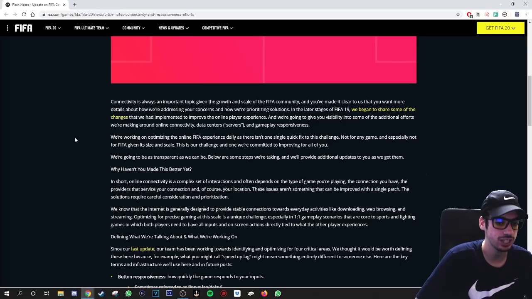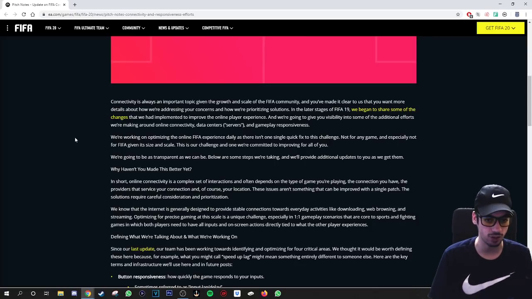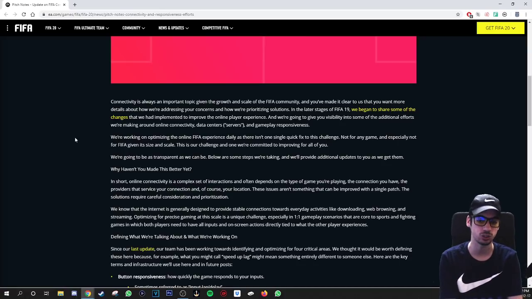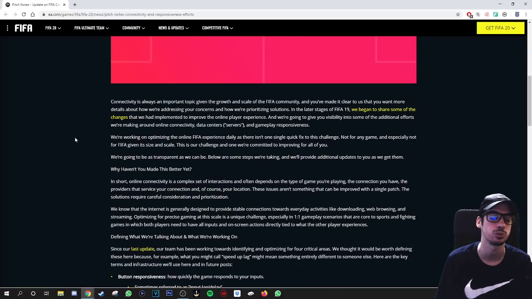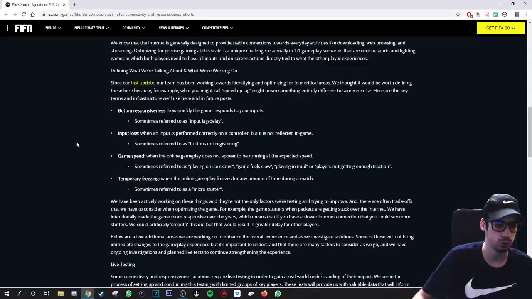We know that the internet is generally designed to provide stable connections for everyday activities like downloading, web browsing, and streaming. Optimizing for precise gaming at this scale is a unique challenge, especially in one-on-one gameplay scenarios that are core to sports and fighting games, in which both players need to have all inputs and on-screen actions directly tied to what the other player experiences. Defining what we're talking about and what we're working on.